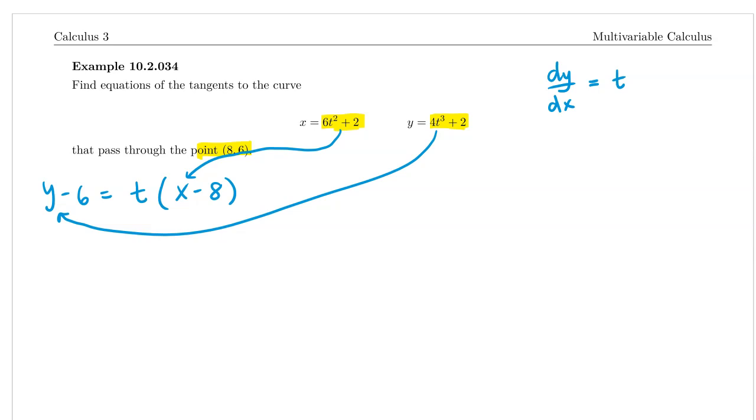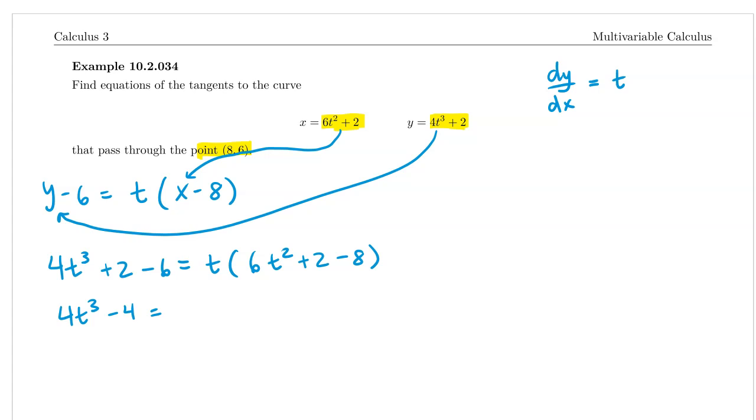So I'm going to go ahead and replace y. And then I'm going to go ahead and replace x. And if I simplify this, I get 4t cubed minus 4 is equal to 6t cubed minus 6t.